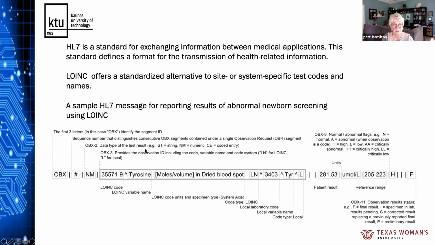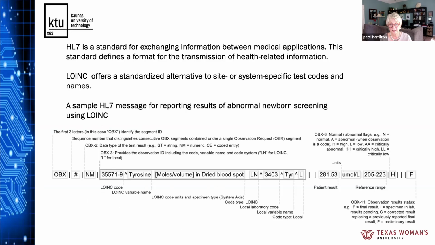Then each section has a code or a variable name or a type. This LOINC is for laboratory work, and the HL7 message for abnormal newborn screening here is the chunk of information on this newborn that has to do with the laboratory tests that were done.